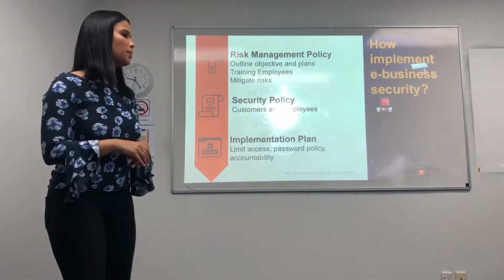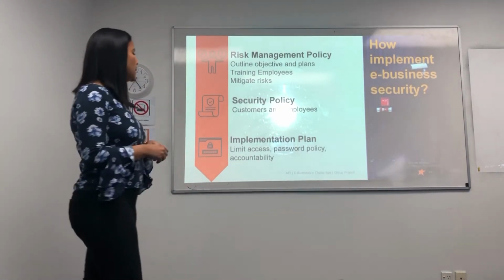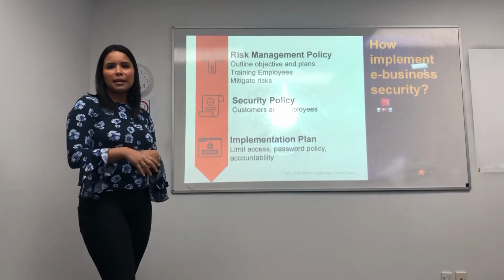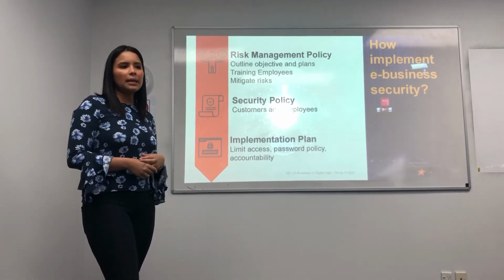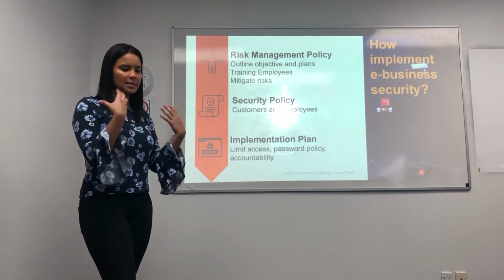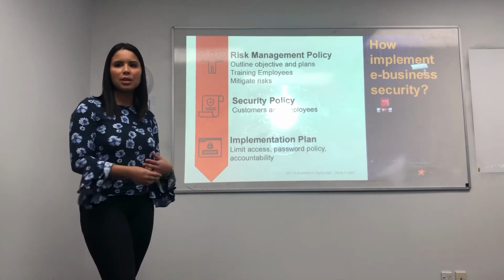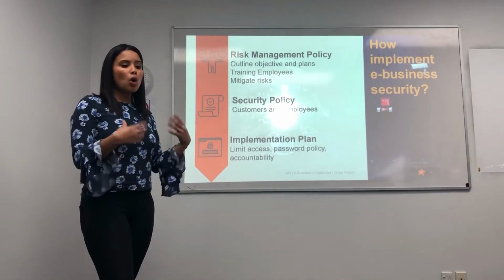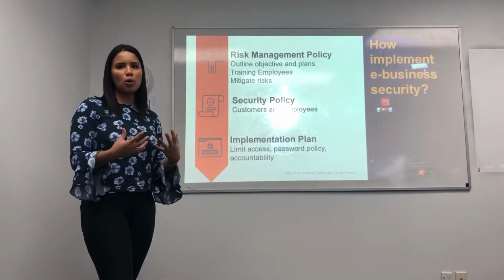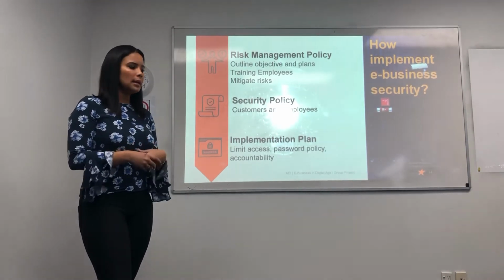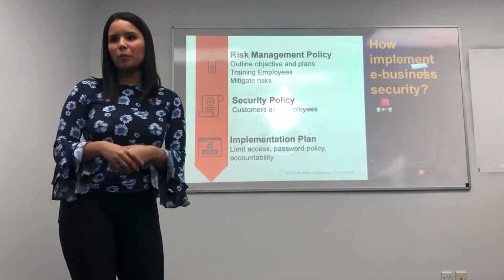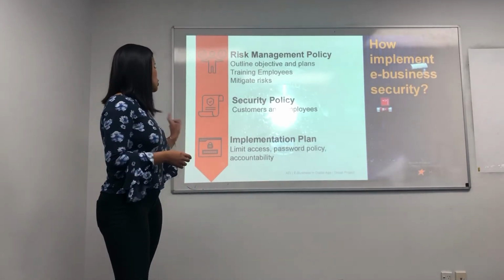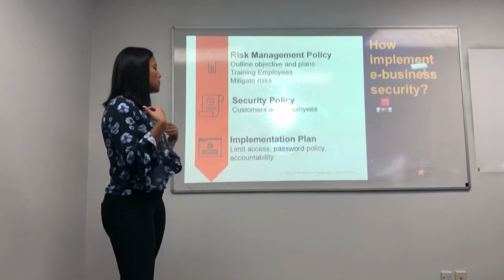Then the implementation plan is basically implementing the plan and how to use it, such as the SSL certification. After all the employees are trained, they know how to use the password and how to avoid losing confidential information to other businesses and partners. That is how they implement the plan.